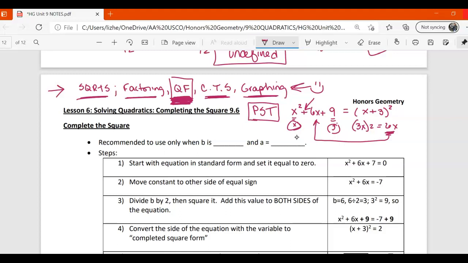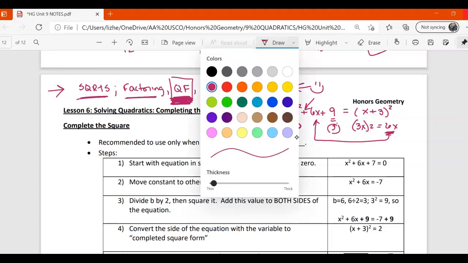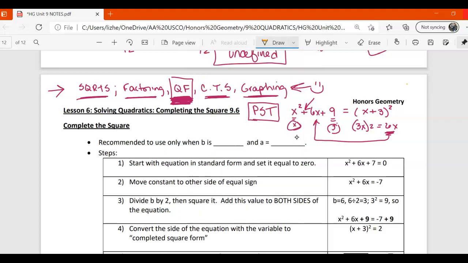All right? So, first of all, this is recommended to use only when b, so remember what b is, b is the value here, is even, and a, which is this number in front of the x squared, is 1.